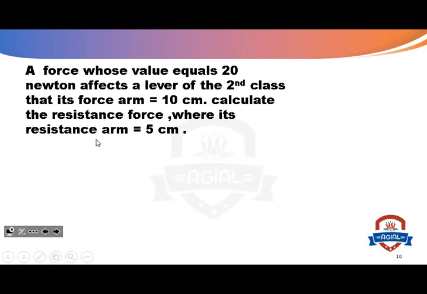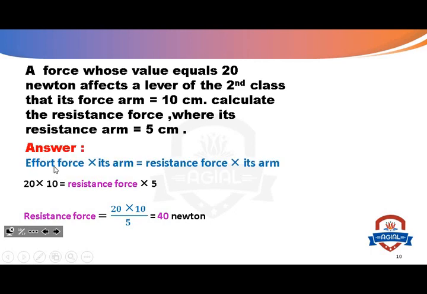Another example: a force whose value equals 20 Newton affects a second class lever whose force arm equals 10 centimeter. Calculate the resistance force where its resistance arm equals 5 centimeter. The law says the effort force multiplied by its arm equals the resistance force multiplied by its arm.